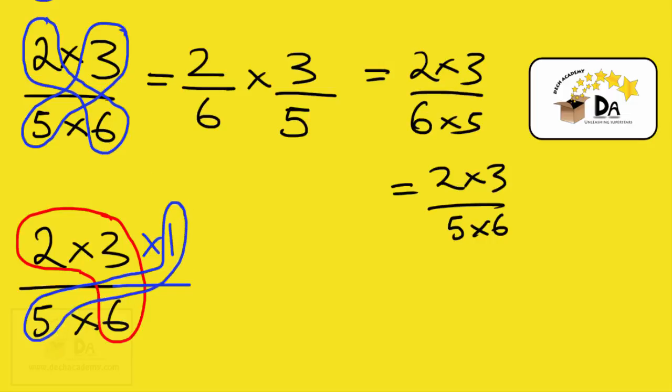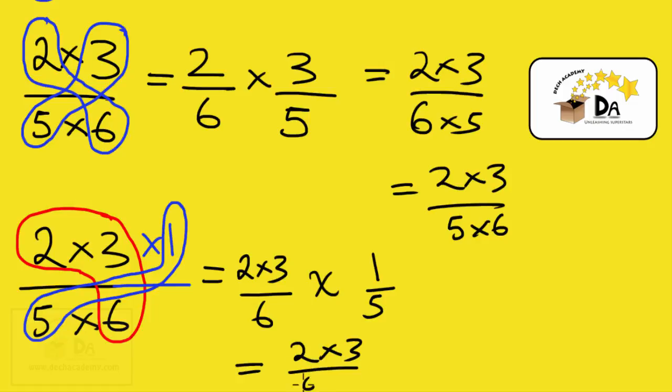This would give the first fraction as 2 times 3 over 6, this first fraction in red, and the second fraction as 1 over 5, and this is the same thing as 2 times 3 over 6 times 5, same thing as 2 times 3 over 5 times 6.